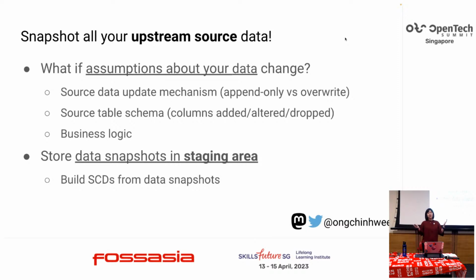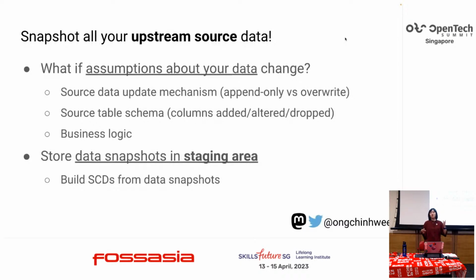And secondly, you have all those things like, my columns are changed, my columns are dropped, I add some columns. So you still need to have a photo of the state of your upstream source. And last but not least, it's about your business logic, because they can tell you retroactively, hey, we need to apply some business logic retroactively.